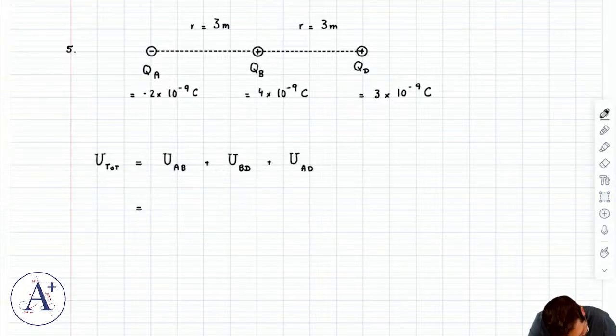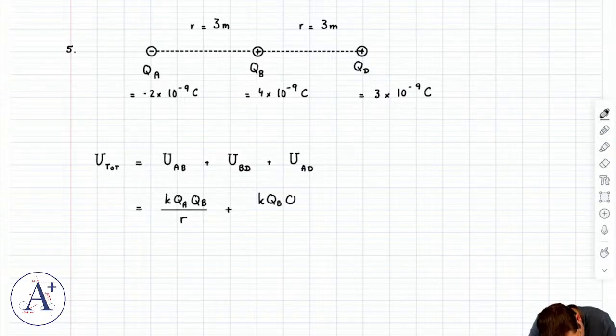What you get in both cases is K, QA, QB divided by R. And then between B and D, you're going to get K, QB, QD divided by R. And then between A and D, you're going to get K, QA, QD over 2R.